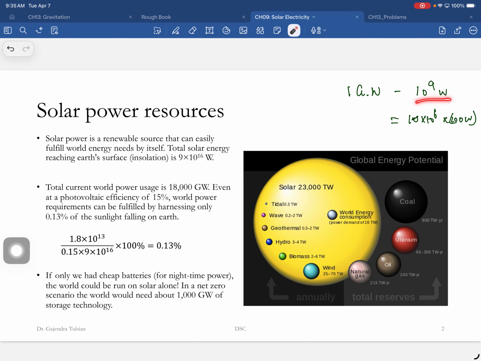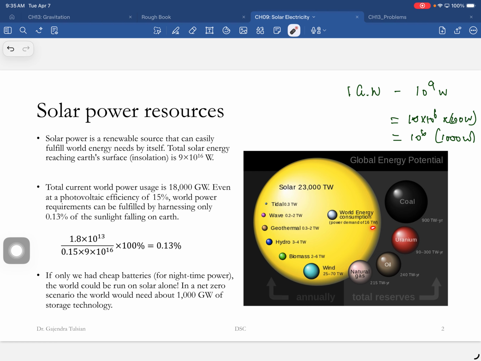So with 1 billion watts from the Hoover Dam, you can turn on 10 million 100-watt bulbs. Or you can think of running a house with 1,000 watts, so you can run 1 million homes. That's what you can do with the Hoover Dam.